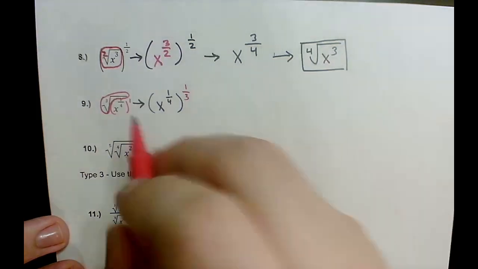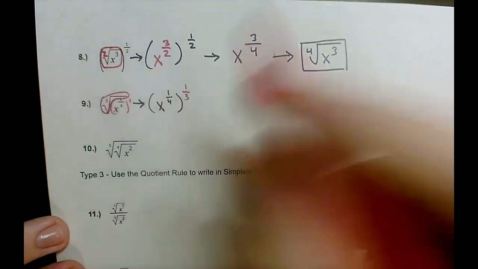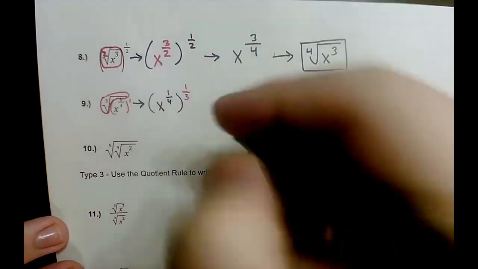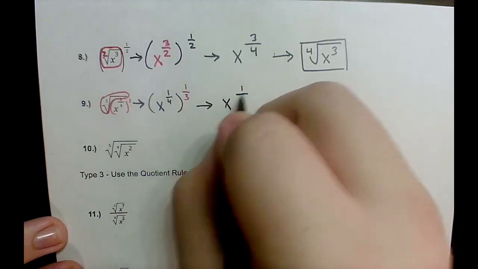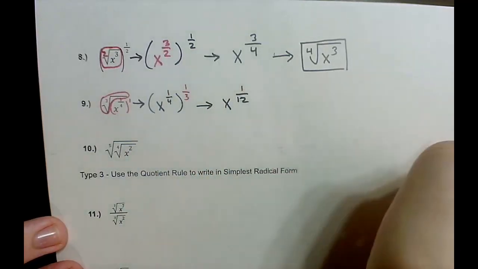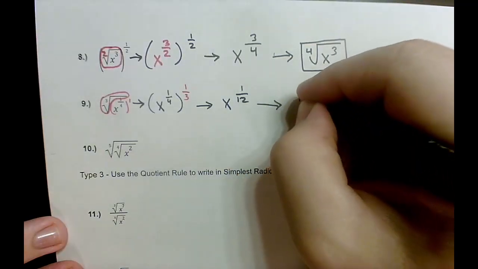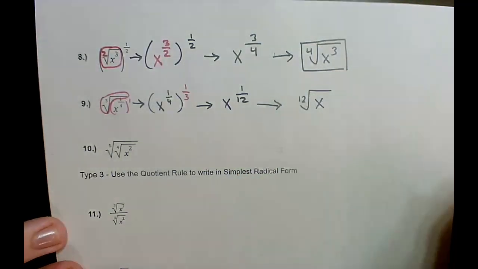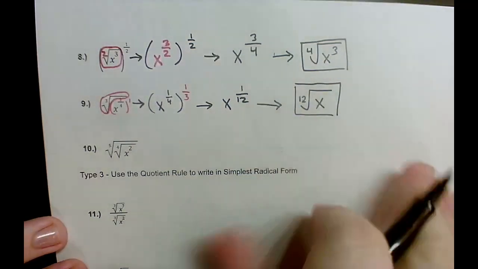And so we just say it's 1, and then 1 on top, 3 on bottom gives us 1/3. We're going to multiply those exponents together. 1 times 1 is 1. 4 times 3 is 12. That does not reduce. So go ahead and throw that in as the 12th root of x, or 12th root of x to the 1st power, whatever you want to say.